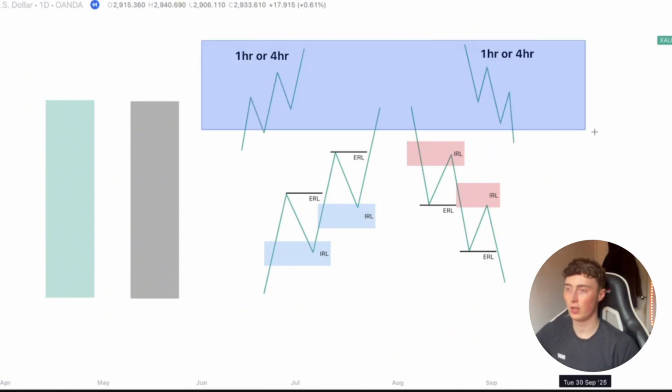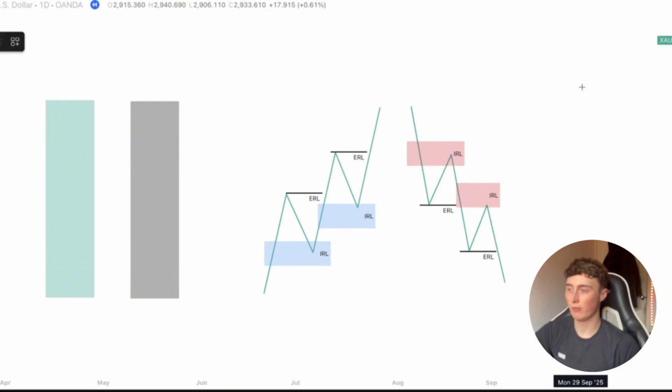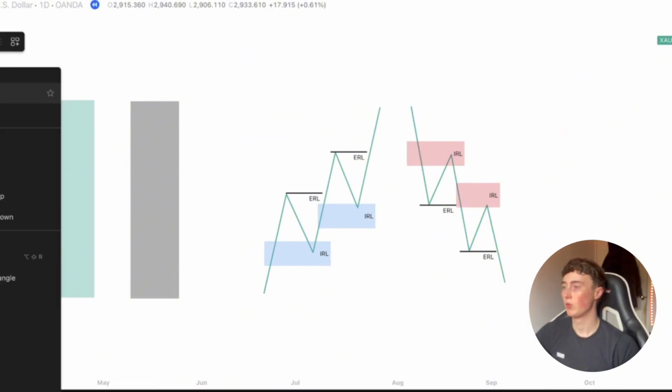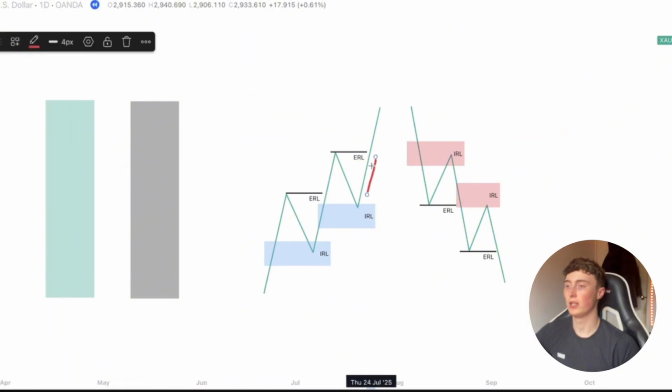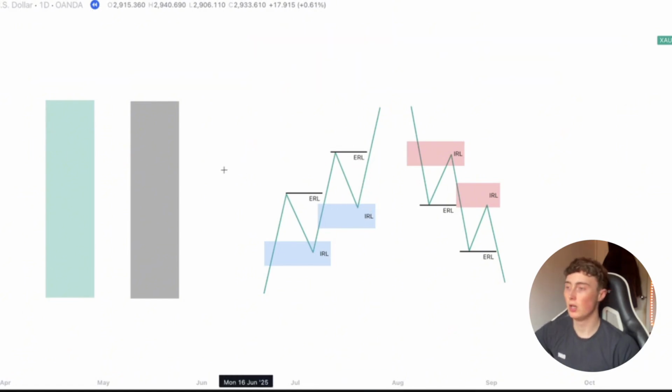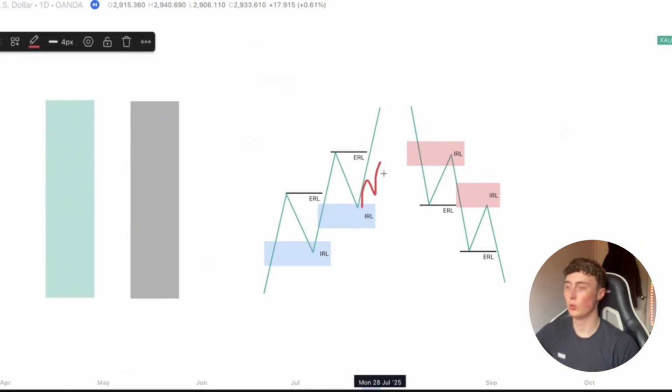So for instance, let's say that I'm looking for price to run to the upside to target this external range liquidity. Instead of just trying to buy down here, right, and catch the very low, I'll wait for the 1 hour or 4 hour to start building bullish order flow, and then I'll start to engage in the move, right, and catch these kinds of lows here.